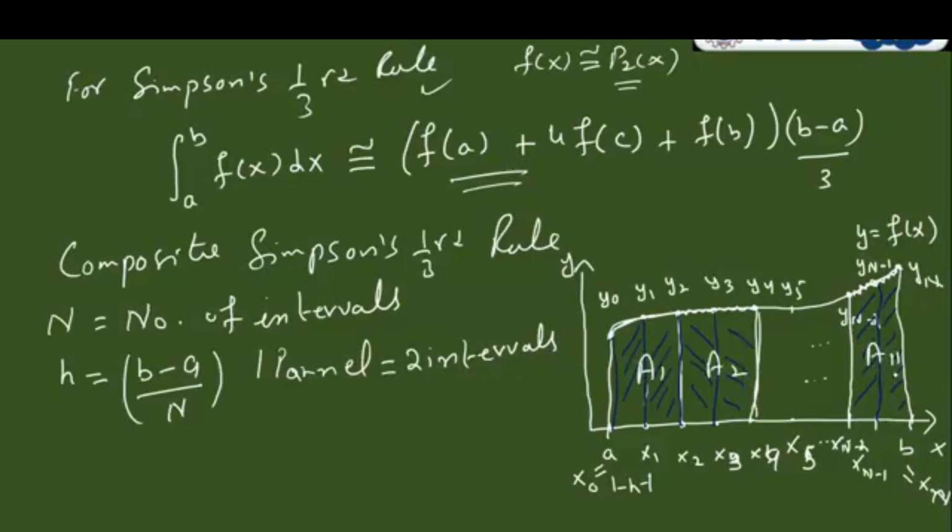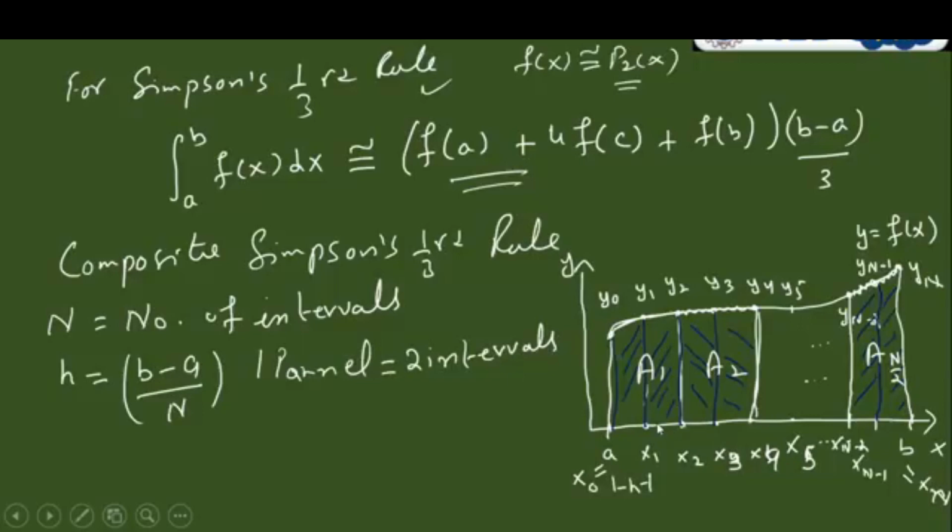I know this is n by 2. Okay, so why n by 2? One thing you have to keep in mind is that if I have to cover the entire domain by dividing into intervals, then I have to combine two intervals and the domain will be covered completely. So this is only possible when n is even. If n is not an even number, then I cannot cover the domain. For example, let's make it easy, let's say n is 5.